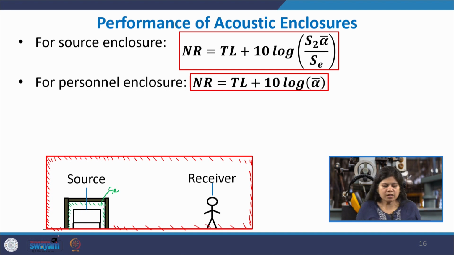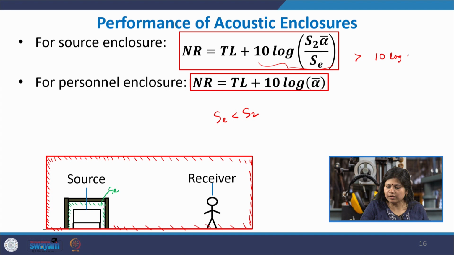Okay. So in general these enclosures are installed where some personnel is present and the machinery sources are also present together. So in that case, when you cover the source with the enclosure, the internal surface area of the enclosure will always be smaller than the overall area of the factory room over which the personnel is working. In that case, this quantity over here would be greater than 10 log of alpha bar.